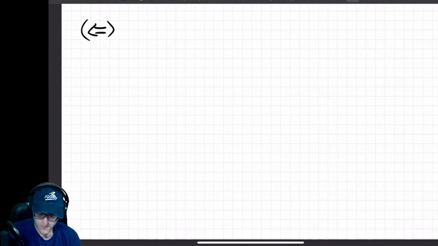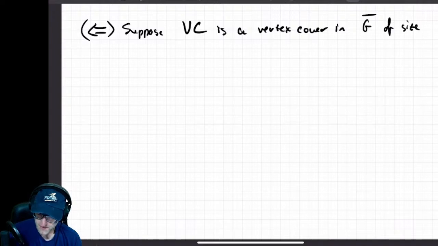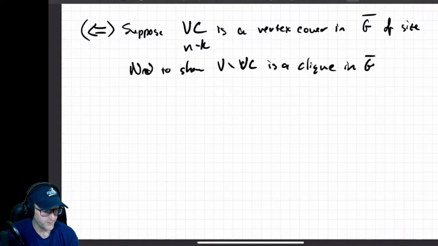Basically, we need to show, suppose that VC is a vertex cover in G complement of size n minus k. We need to show that V minus VC is a clique in the original graph G. I'm showing the other way now.